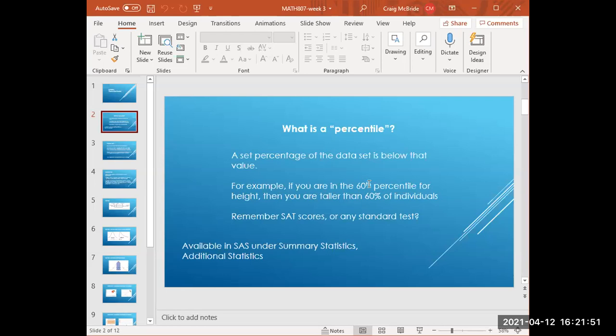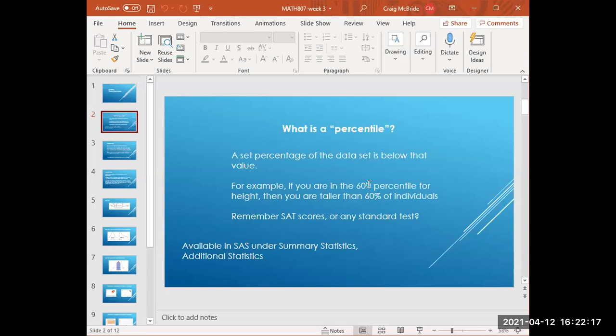So if you had 10 pieces of data, and let's say just to make it easy, the numbers 1 through 10, then the number 7 would be the 60th percentile because it would be bigger than the numbers 1 through 6. So that's the idea. 6 would not be the 60th percentile because it technically only has 50% of the data values below it.